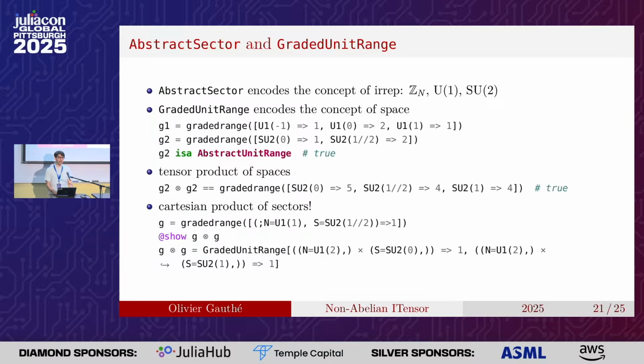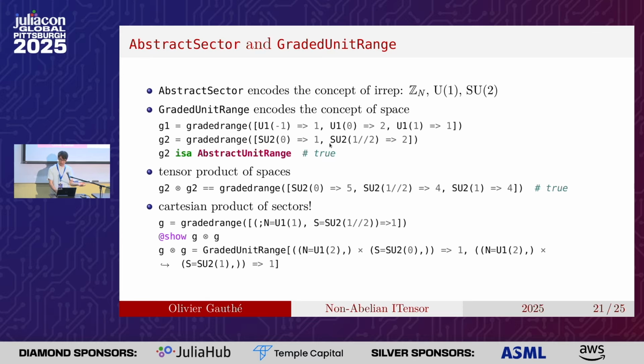We also need the concept of symmetries, so we need to store group representations, and to store the space made of several irreducible representations. So we have so-called abstract sectors that encode irreducible representations, and so-called graded unit ranges, that's an abstract unit range that contains symmetry sectors.